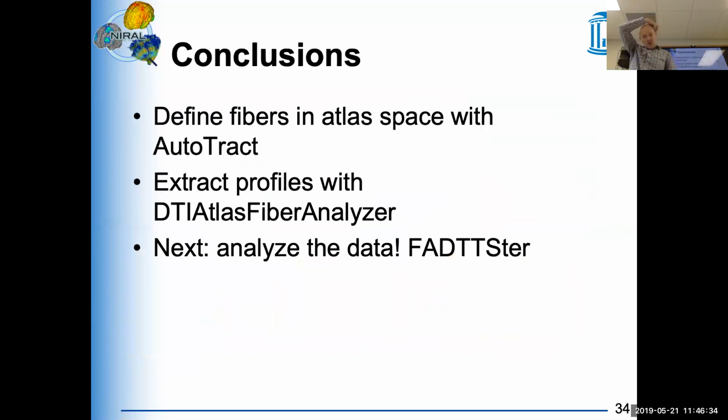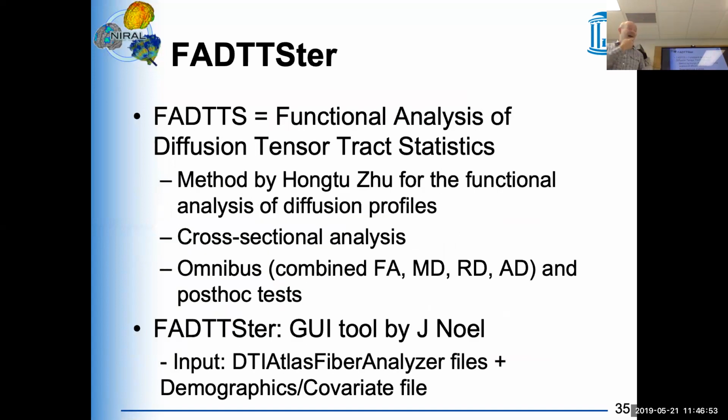Now, I've shown you how to define the fibers with AutoTract, how to use DTIAtlasFiberAnalyzer to get to the profile. And now there's also one more tool that allows you to do cross-sectional statistics. This is called FADTTS.